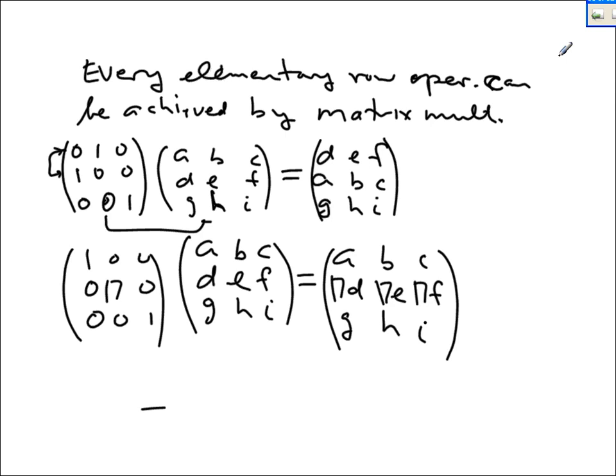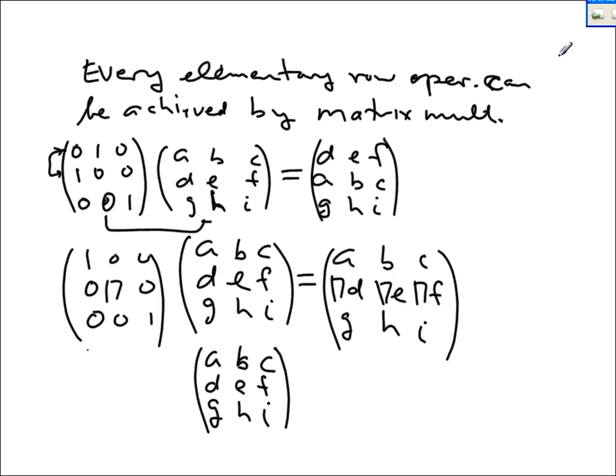There it is. The next and last one is you want to multiply a multiple of one row and add it to another row. I want to multiply row 1 by 3 and add it to row 3.